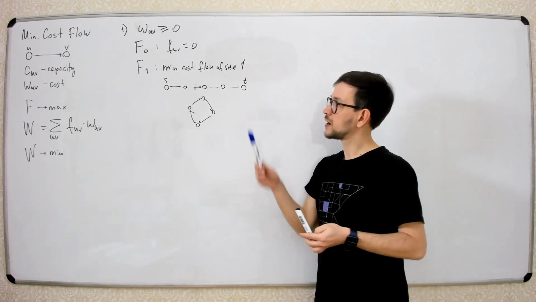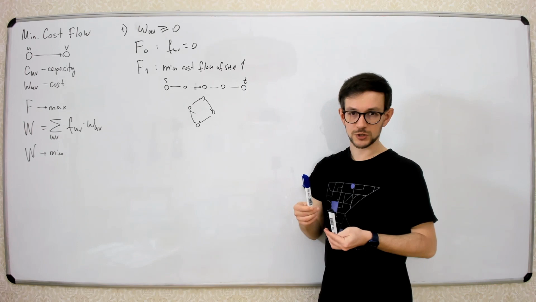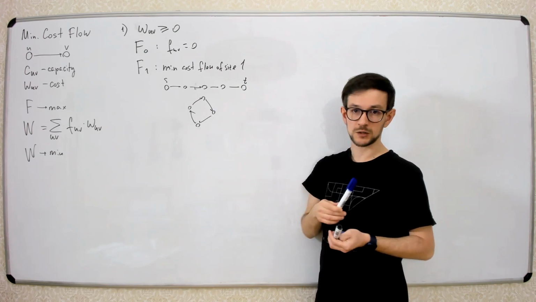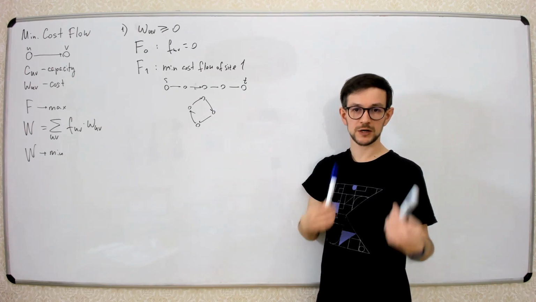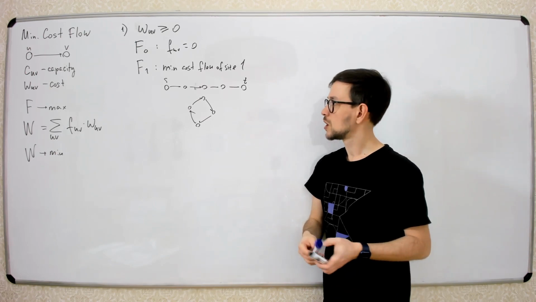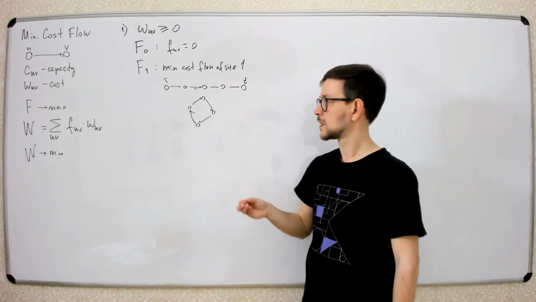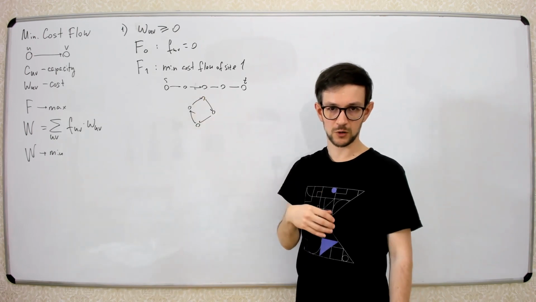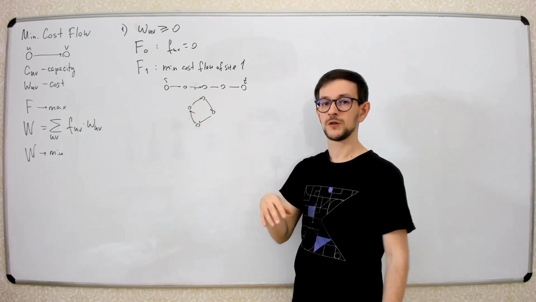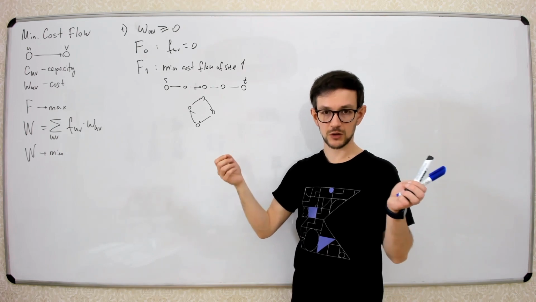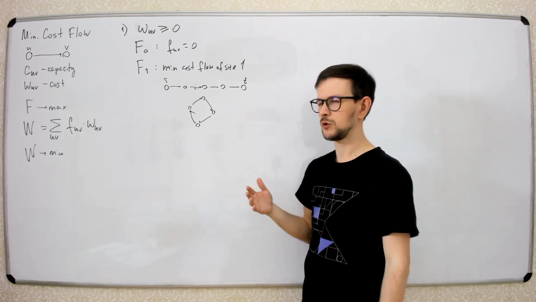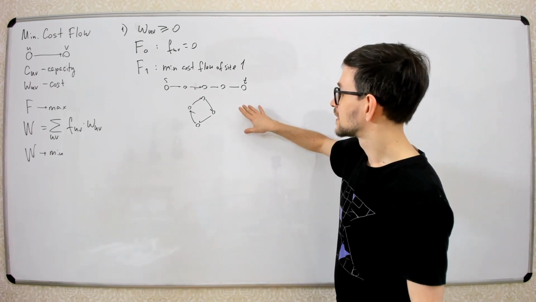So if you want to take a flow of the minimal cost, we shouldn't take any cycles, because each cycle has non-negative cost. So let's take some flow of the minimal cost and remove all the cycles from this flow. The total cost of this flow will not increase.